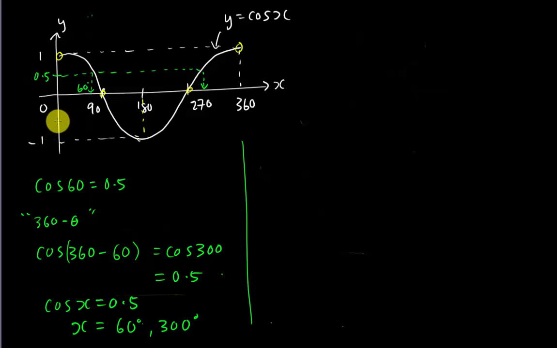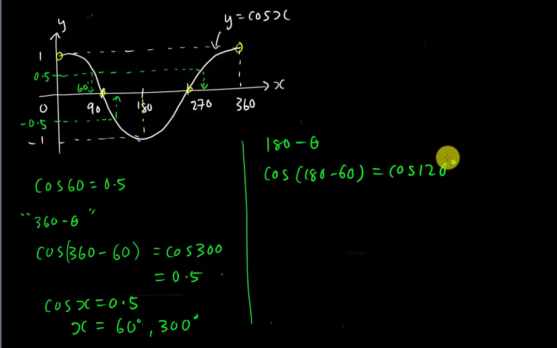What if negative 0.5? It's the same thing. For negative 0.5, this one is in the second quadrant. The second quadrant, I just mentioned, is 180 minus delta, isn't it? So this is cos 180 minus 60 degrees, so it will be cos 120. So cos 120, you will get negative 0.5. And then move on to the third quadrant.